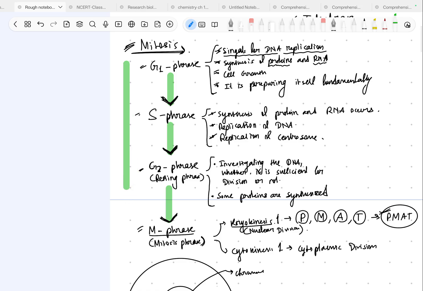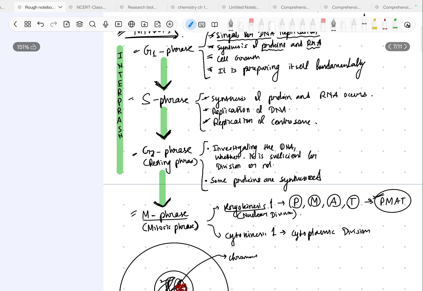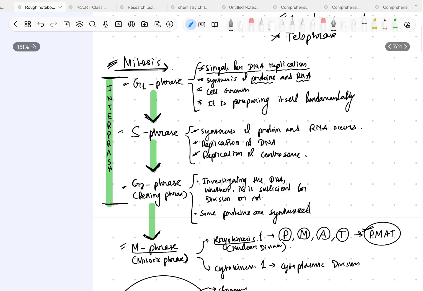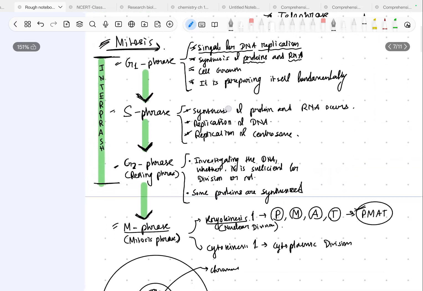This whole phrase is actually stated as interphase. Okay, this whole G1 to G2 phase.